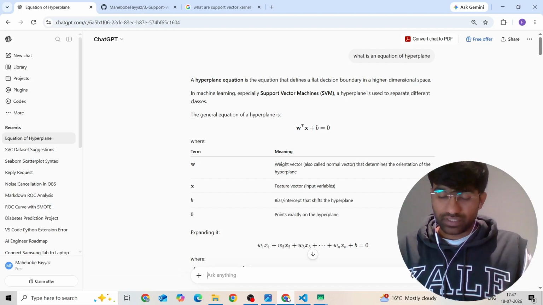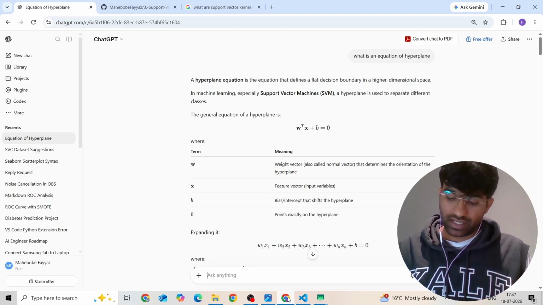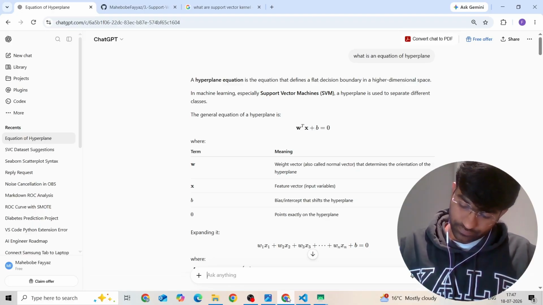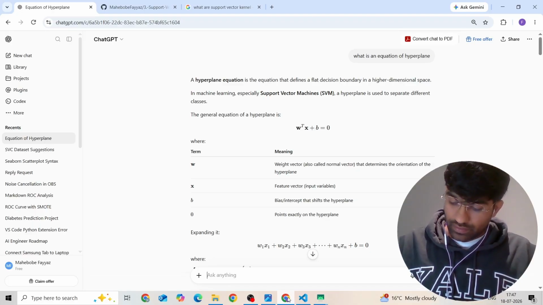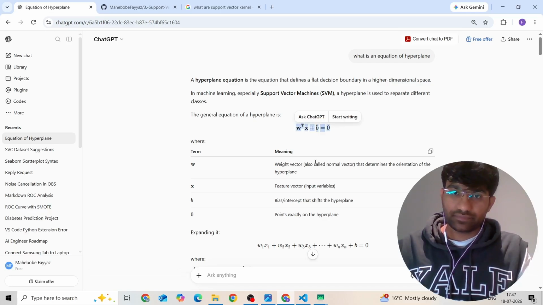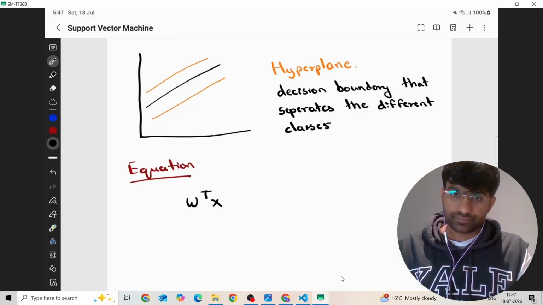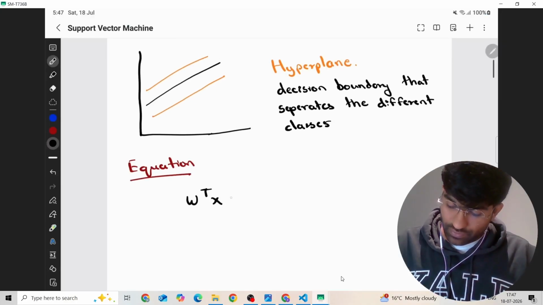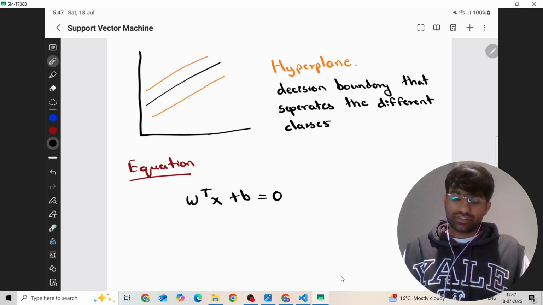So the hyperplane equation, if you Google it, you will get: W transpose X plus B is equal to 0.